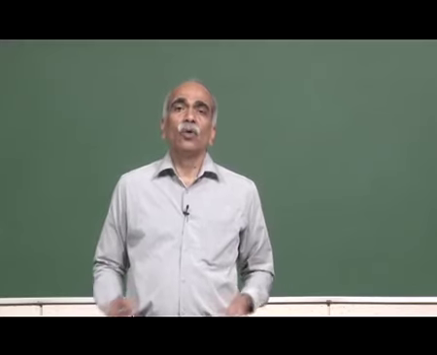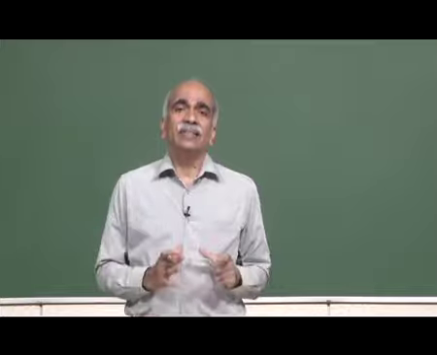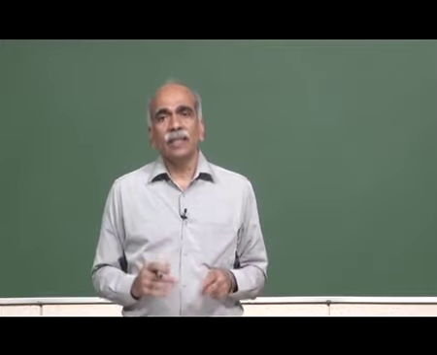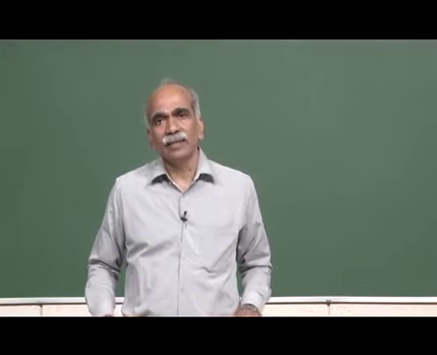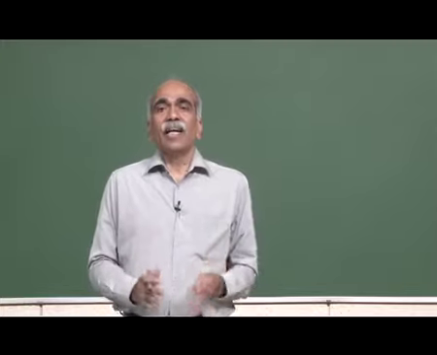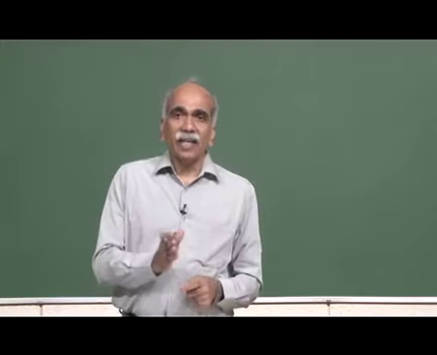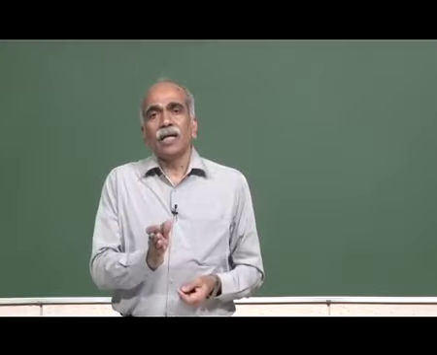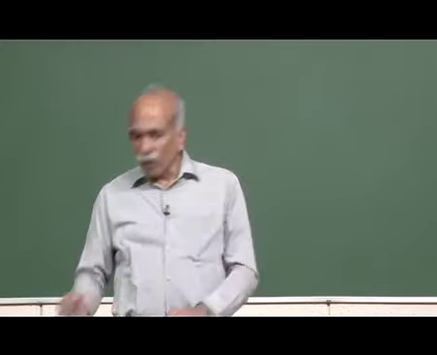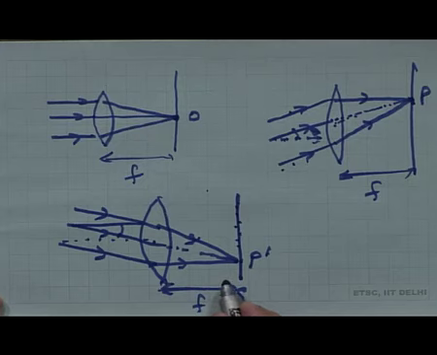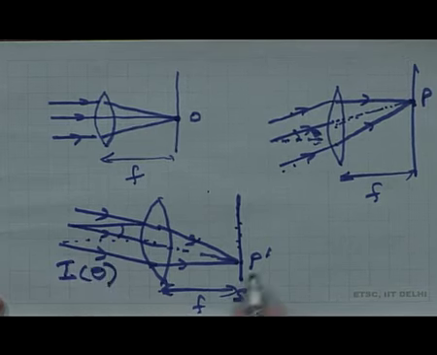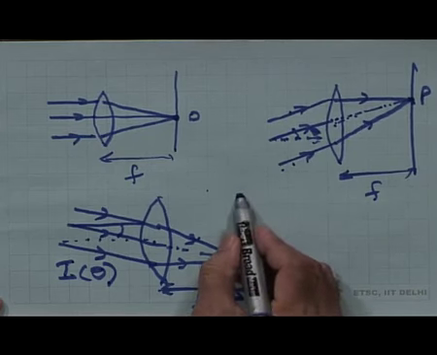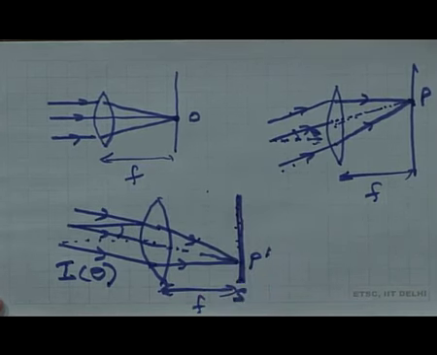Because what we will determine is the angular dependence of the intensity pattern due to a single slit. If the intensity pattern is theta dependent and every theta uniquely reaches a unique point P on the screen, then it is sufficient for me to determine I of theta, and I get the corresponding intensity pattern on the screen.